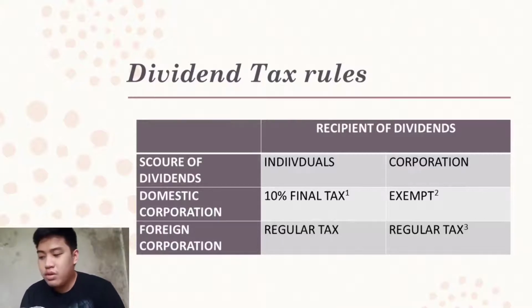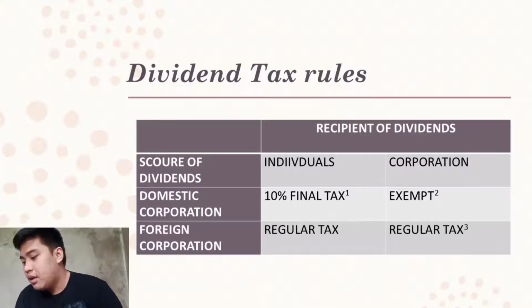By the way, regular tax will be detailed in chapter 9. A non-resident alien engaged in trade or business is subject to a 20% final tax.